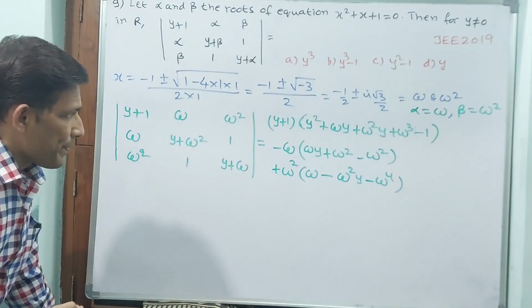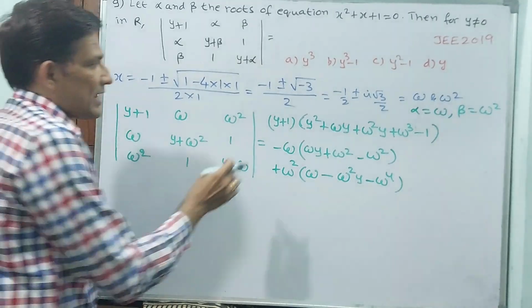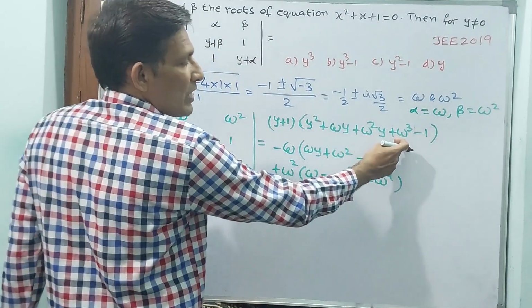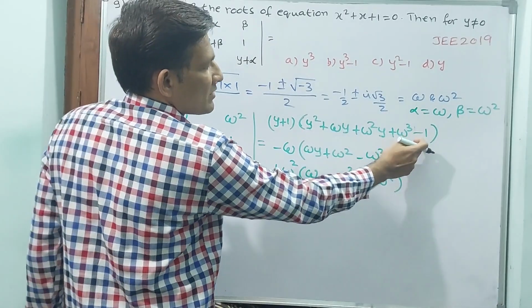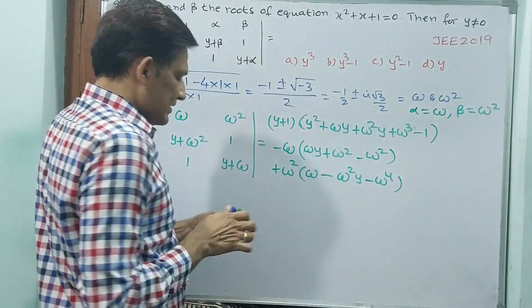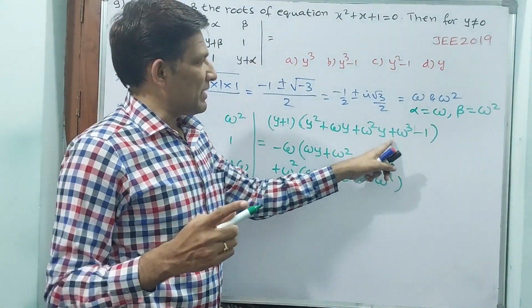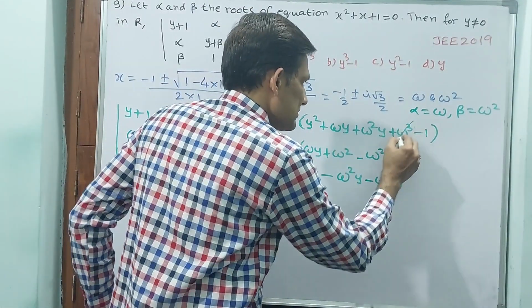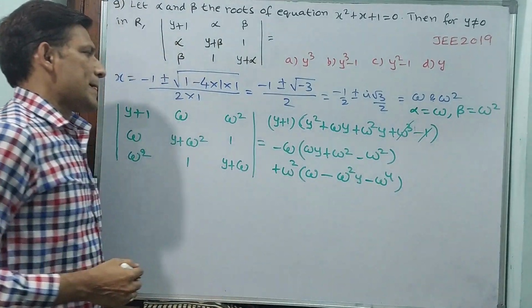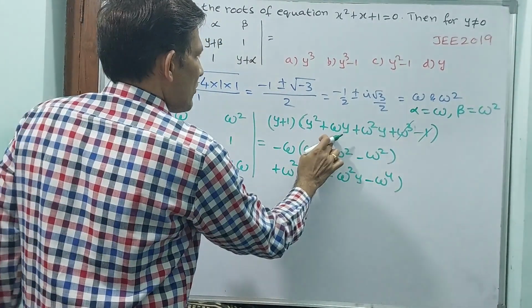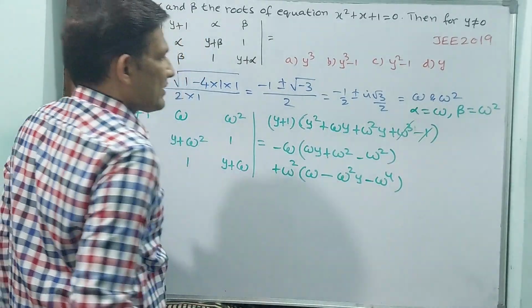Let us proceed. Rather than doing the multiplication internally, can you do something? Because omega cube value is 1, we know very well. 1 minus 1, shall I cancel directly? Why am I cancelling? Omega cube value is 1. Plus 1 minus 1, cancel out. Omega, omega square, y square are there.